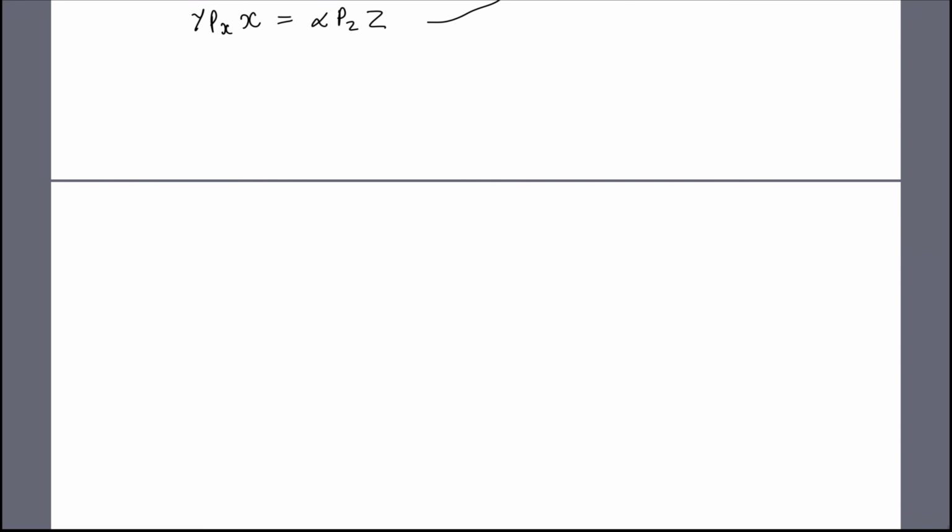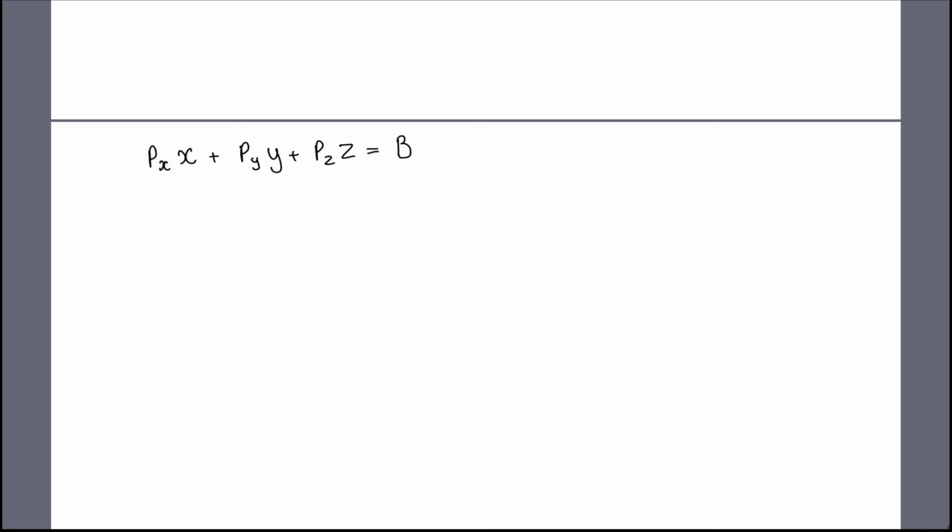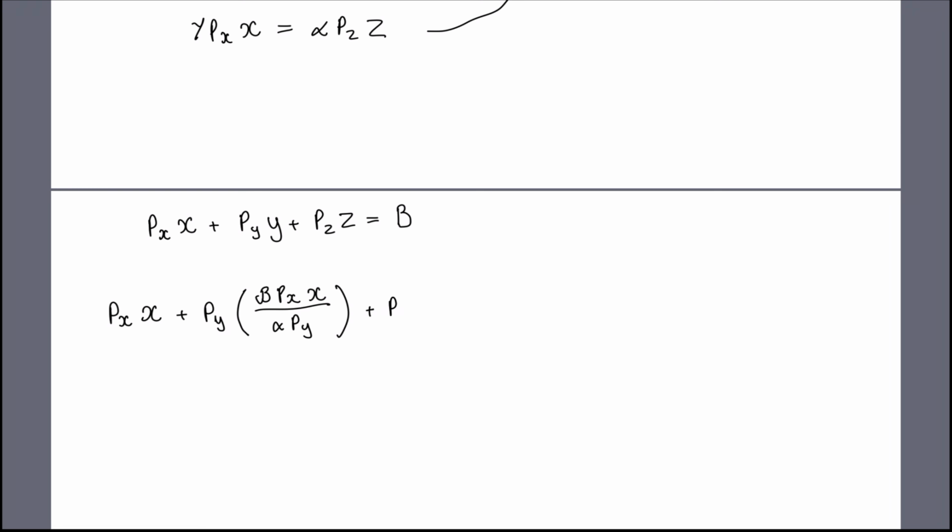So if we rewrite our constraint, which was px x plus py y plus pz z is equal to b, substituting in our general solution, of course x is the same, but now y can be expressed as beta px x over alpha py, and z can be expressed as gamma px x over alpha pz, and that's equal to b.